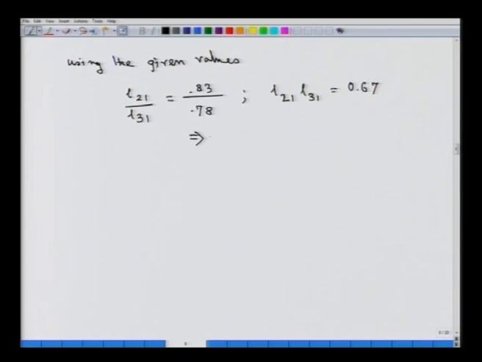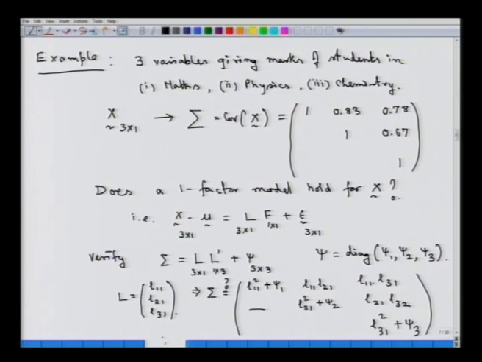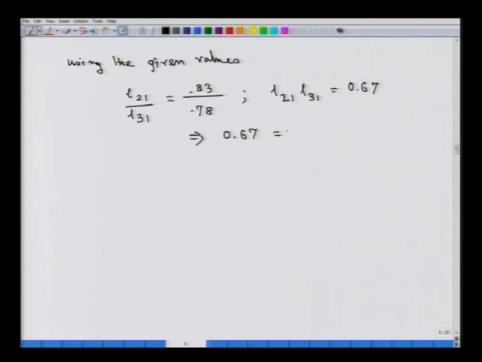Using these two equations, 0.67 is equal to L21 multiplied by L31, so this is equal to L31 square times 0.83 divided by 0.78.